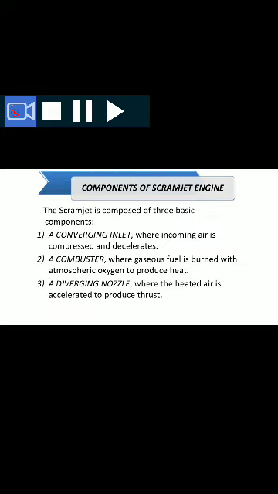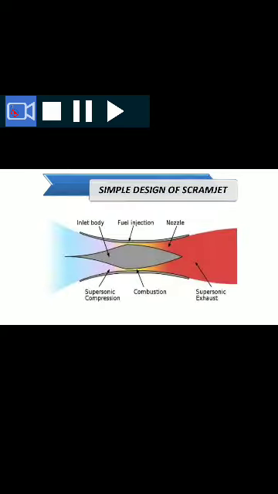Second, the combustor, where the gaseous fuel is burned with atmospheric oxygen to produce heat. Next, the diverging nozzle, where the heated air is accelerated to produce thrust. So these are the components of the scramjet engine.